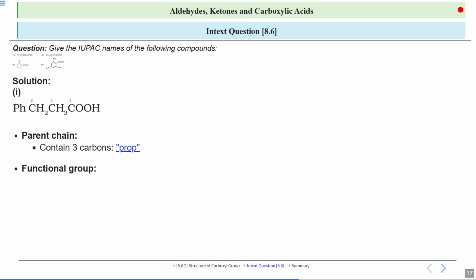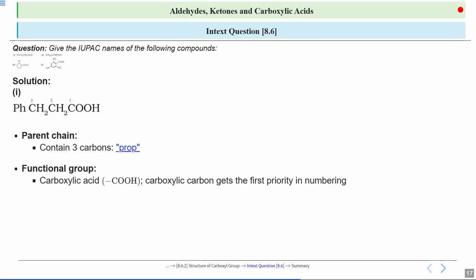Now for the functional group, we have the carboxylic group, COOH. The carboxylic carbon gets the first priority in numbering. If we are writing the name of a carboxylic acid, then the E of the corresponding alkane is replaced by oic.